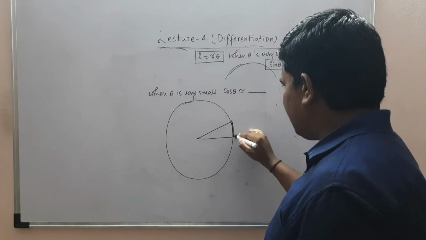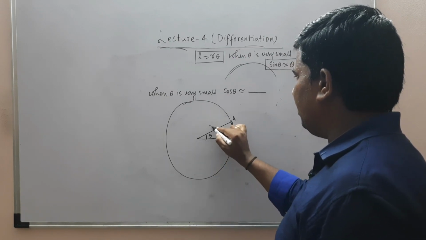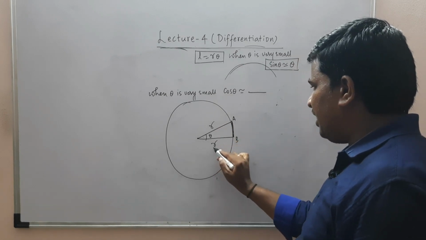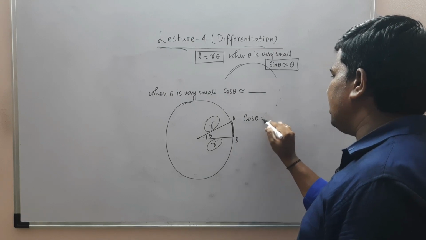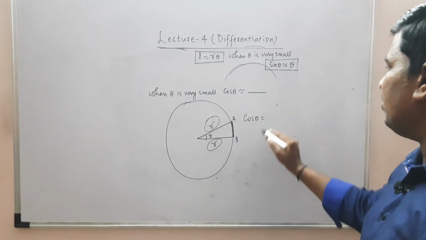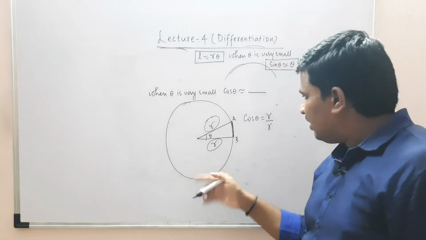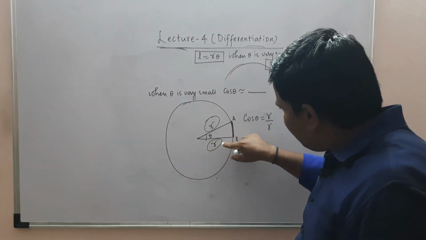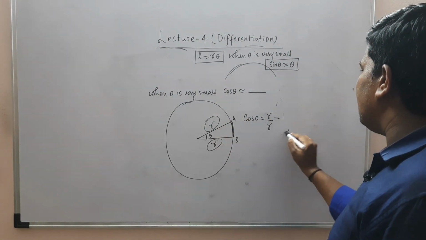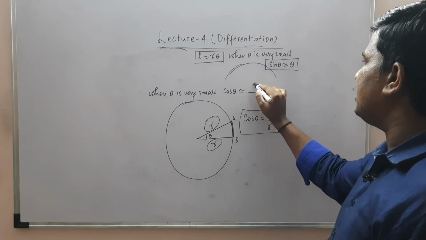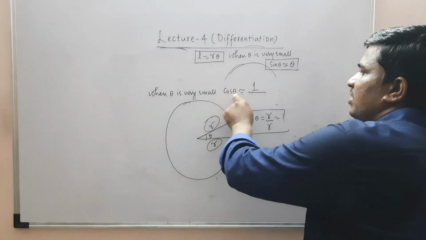We are considering this as straight, and theta is very small. Adjacent to theta you have R, and the hypotenuse is also R. So cos theta is R by R approximately. How can these two be equal? They are actually equal here, though this contradicts our regular triangle. So cos theta is R by R, that is 1. So cos theta is approximated to 1. Indirectly, theta very small means it is approaching 0, and cos 0 is 1.